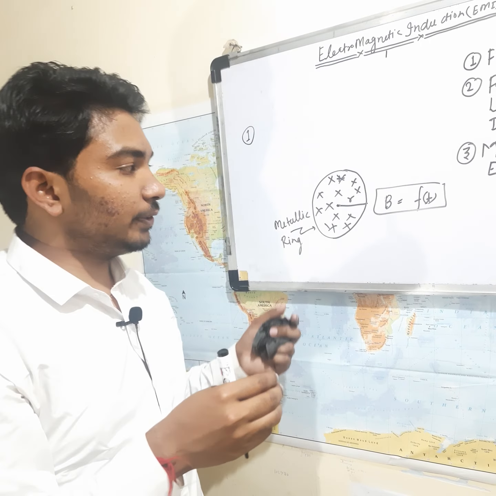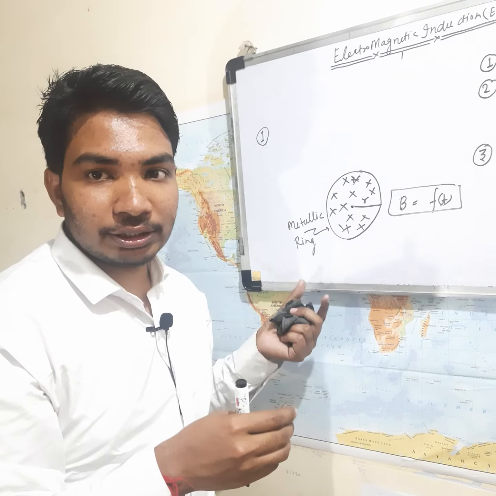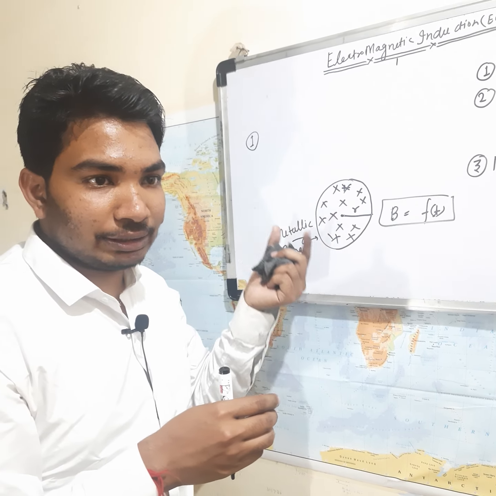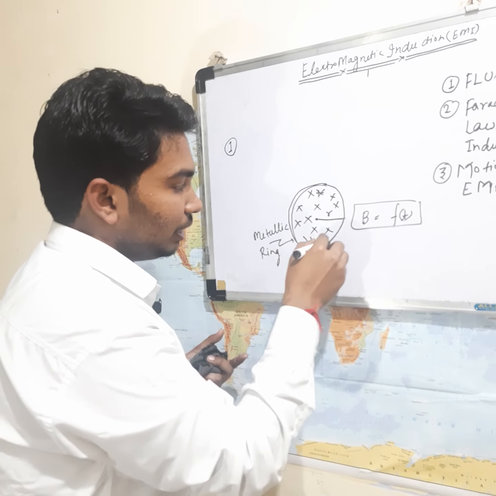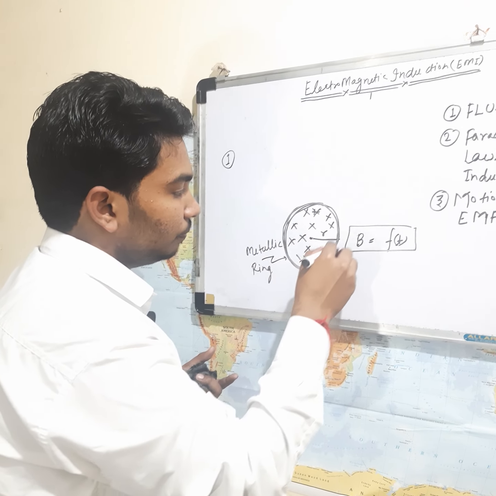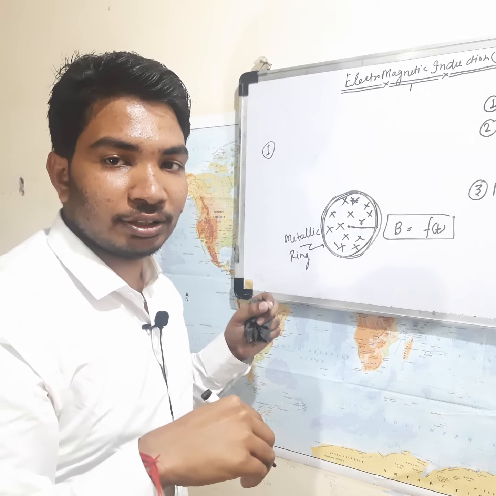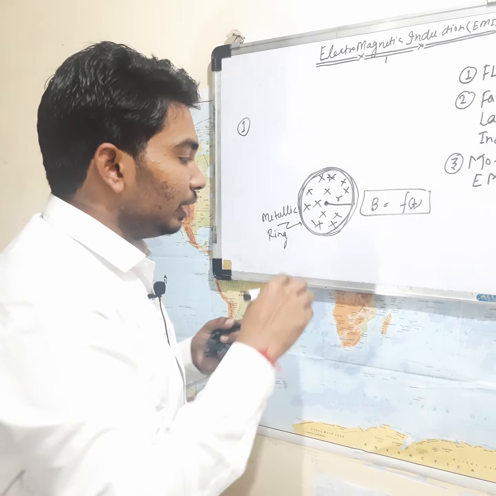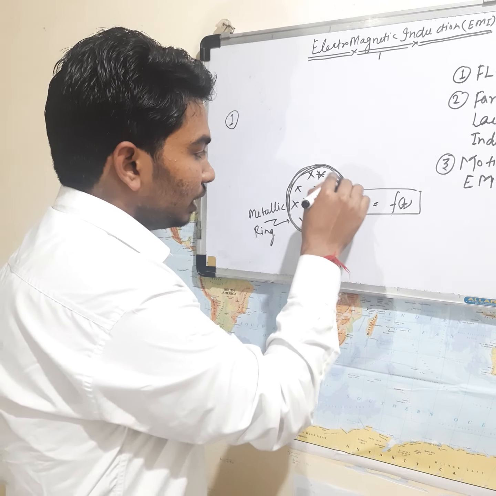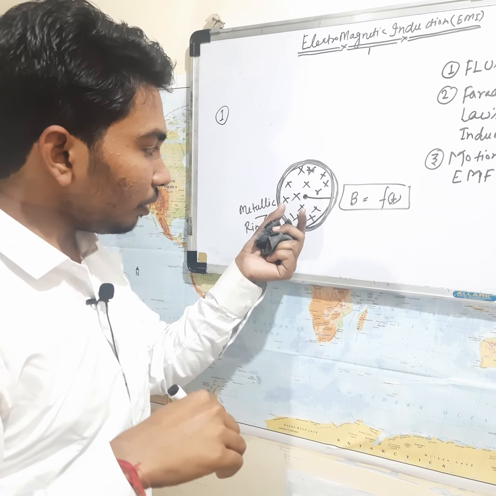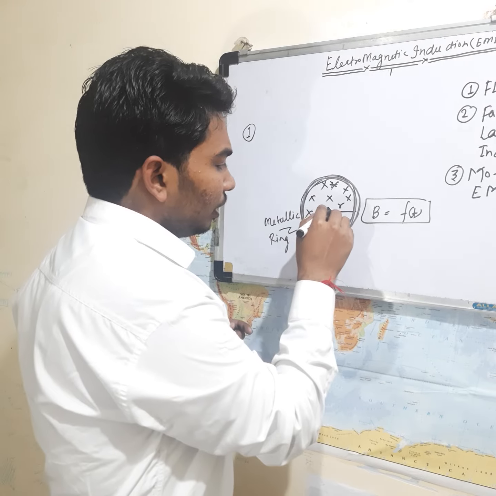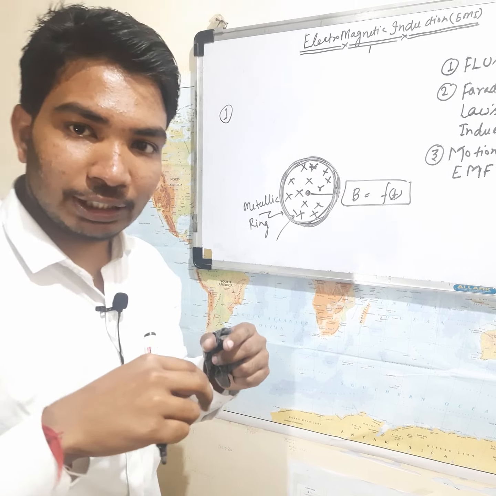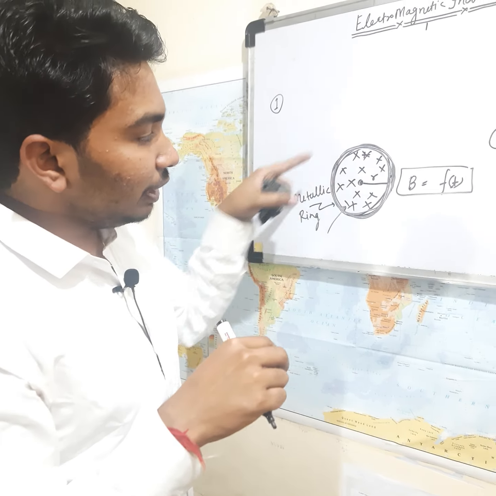Michael Faraday says that if we place any conductor in a time varying magnetic field, and the flux passing through that loop is changing, then that changing flux creates an EMF in this conductor. The changing magnetic field creates an electric field inside the conductor, and that electric field induces the EMF.